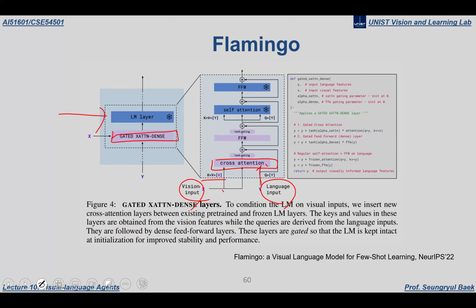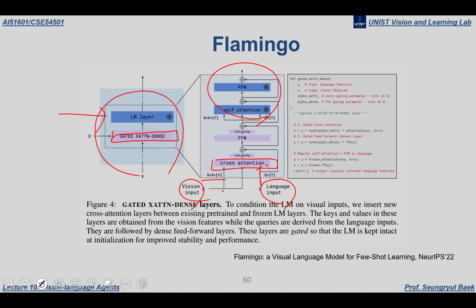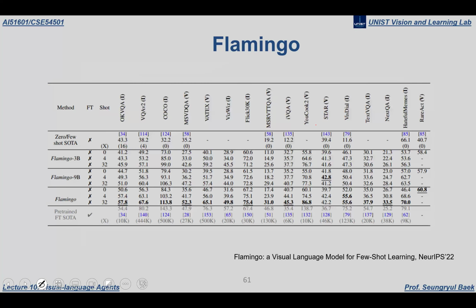And by doing that, they are mixing the visual and language signals. And then they apply another language module. And then by repeatedly stacking this architecture, they mix the visual language signals and eventually produce the text description. That is Flamingo.